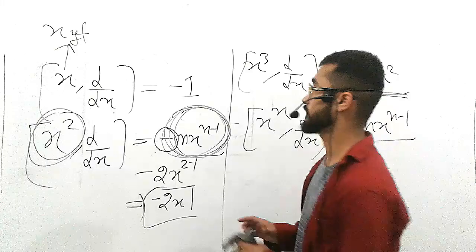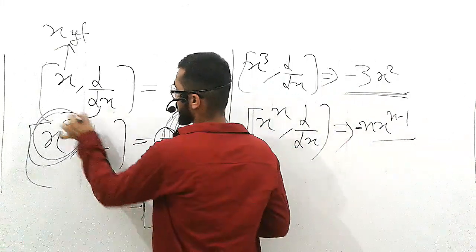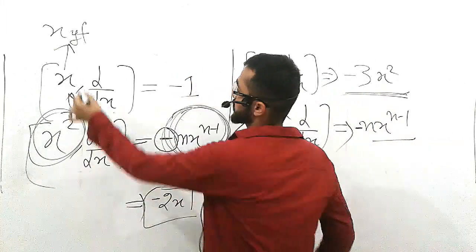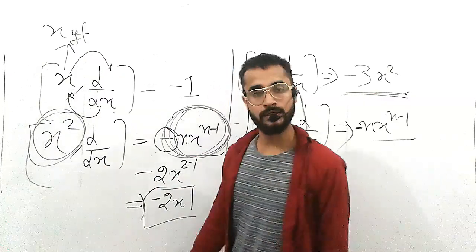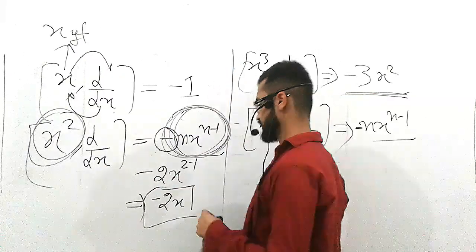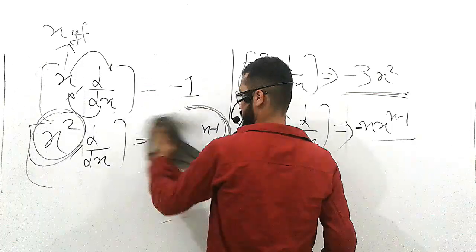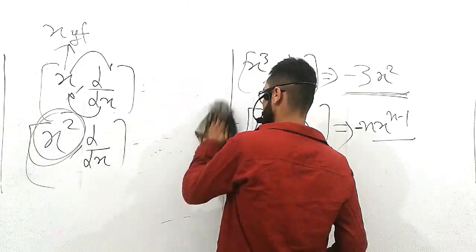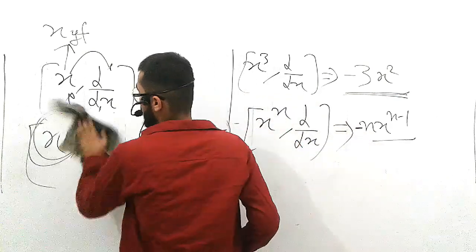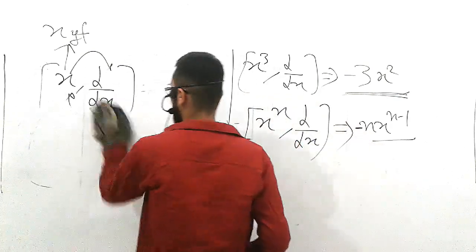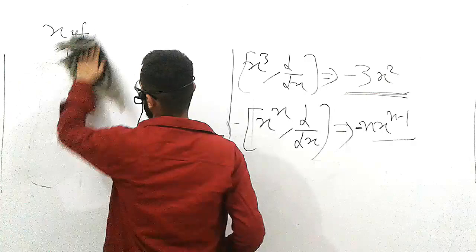What if I interchange the positions, so that d by dx is taken as the first and x power n as the second respectively? As we know, when we take d by dx as the first, the result will be the same but opposite in sign.